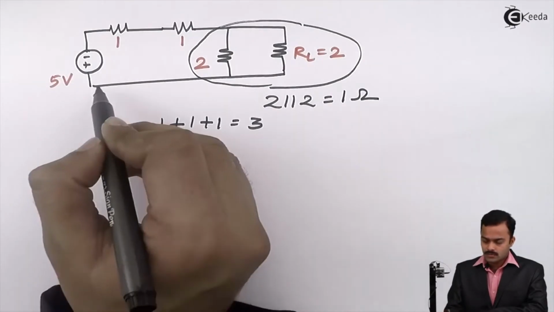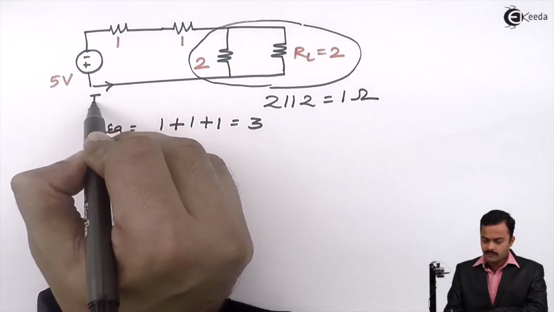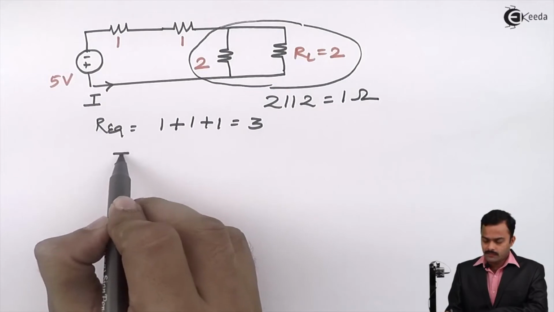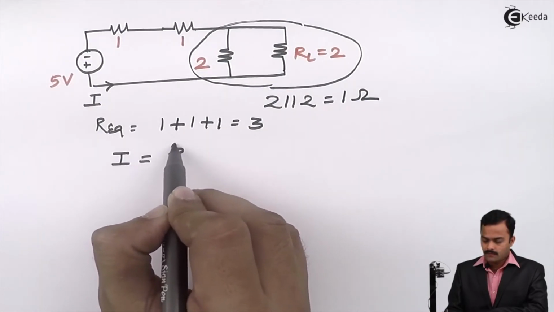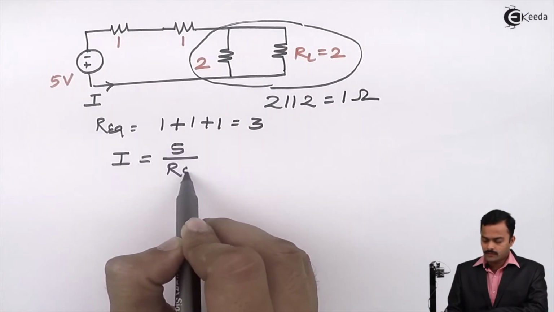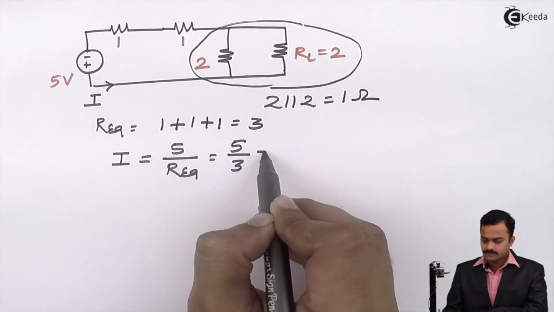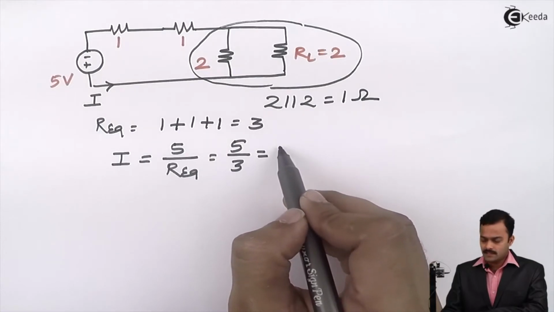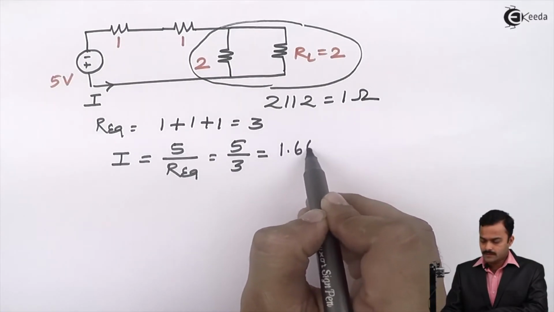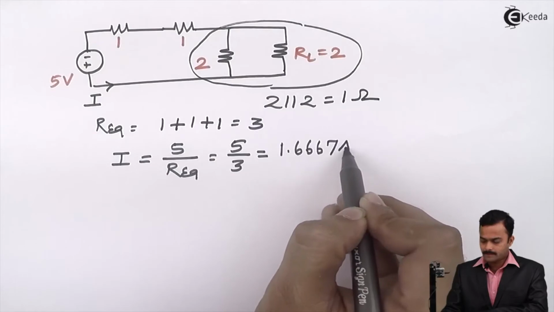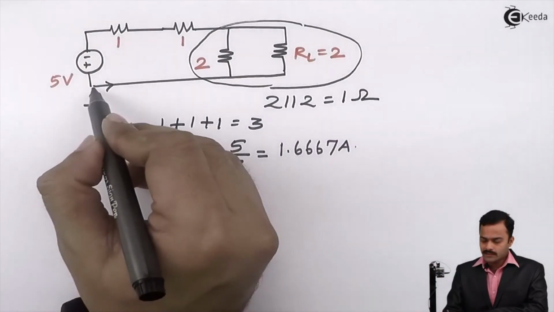We are doing this to get the current given by this battery. So the current given by this battery is 5 divided by R equivalent, 5 by 3. So I will get the answer 1.6667 ampere.